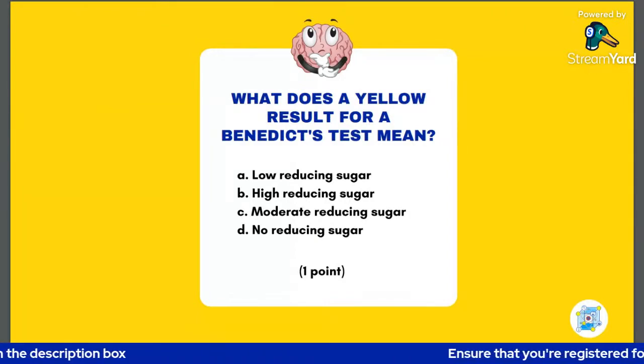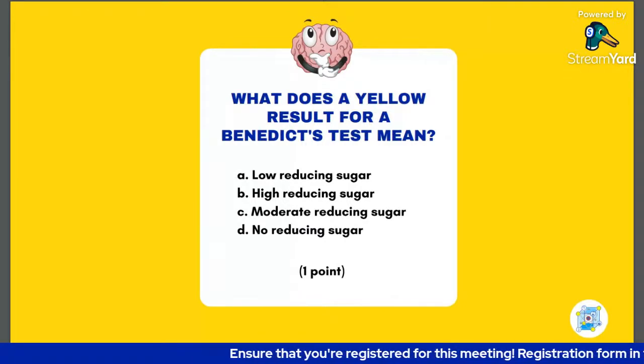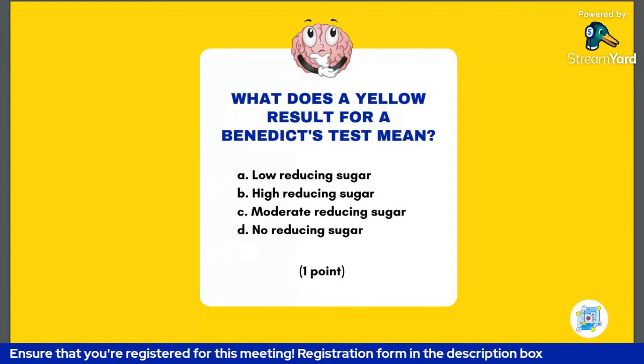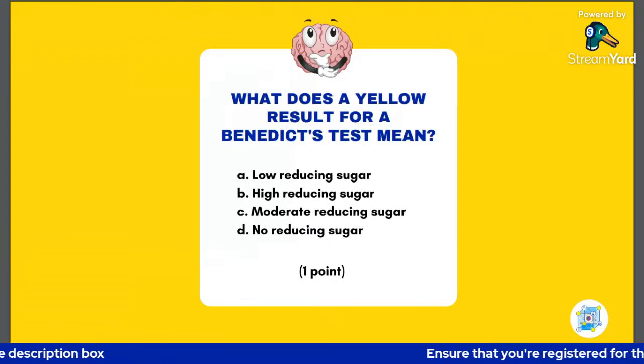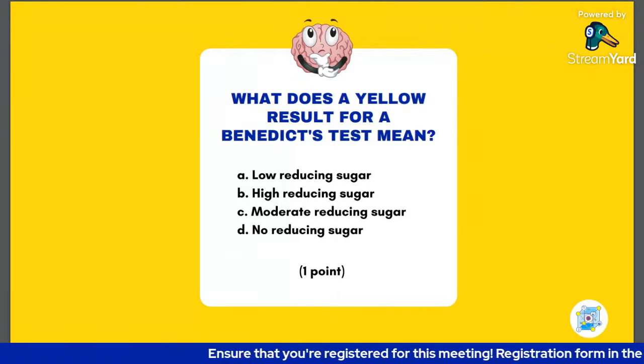I'm pretty sure we looked at it. We got a green one for ours, and we told you what it was. Is it a low, high, moderate, or no reducing sugar?